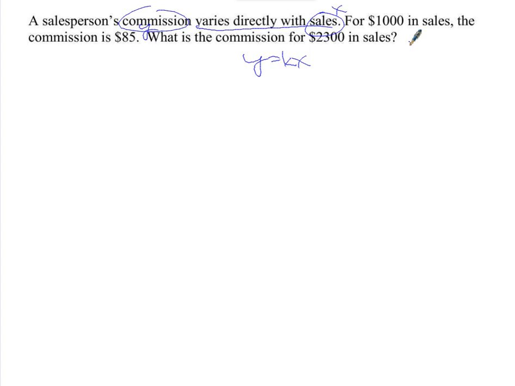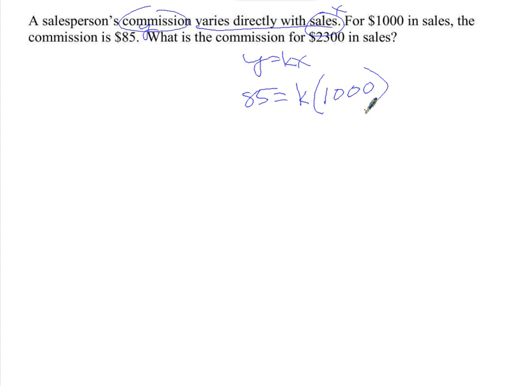All right, so what information did they give me? $1,000 in sales. Commission is $85. So what variable is this $1,000? And then the $85 is, so I'm going to write 85 equals k times 1,000.